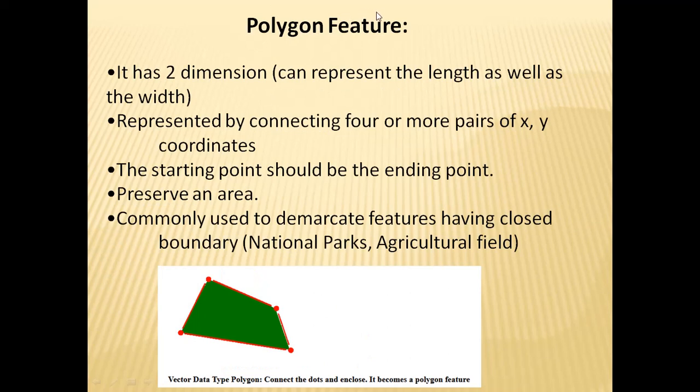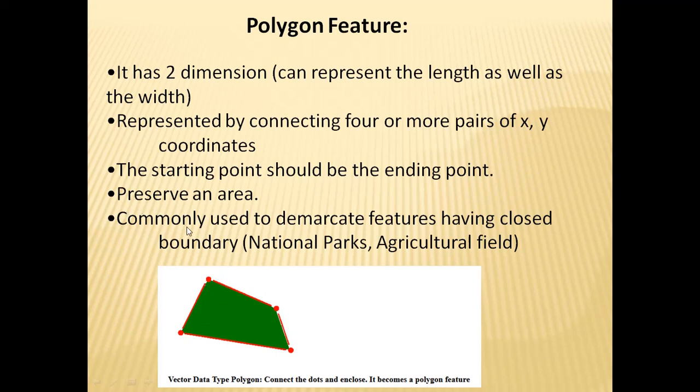Third one, polygon feature. It has 2 dimensions, can represent the length as well as the width. It is represented by connecting 4 or more pairs of xy coordinates. The starting point should be the ending point. This is an area.